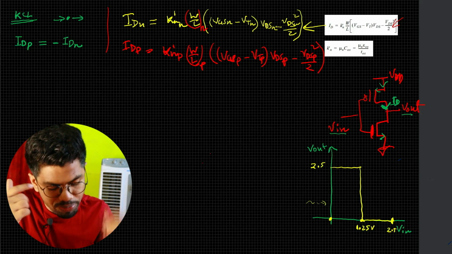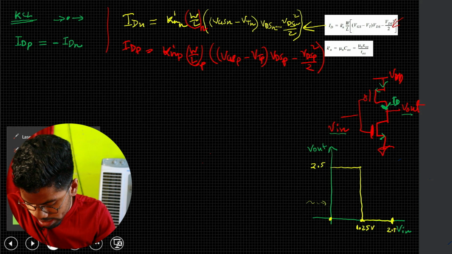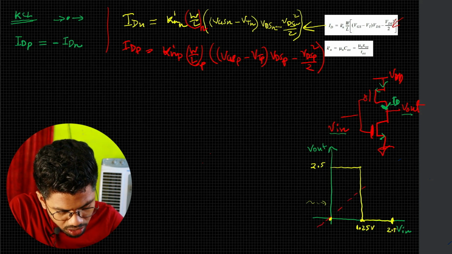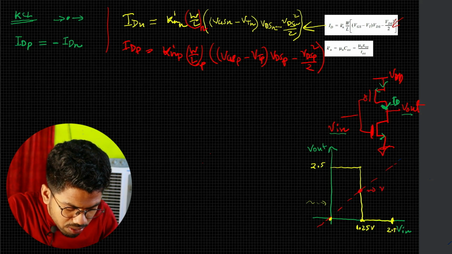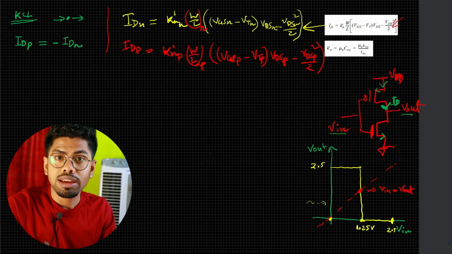But you can see when it is moving from this part to this part, there is a time when your V in and V out are the same. At this point your V in is equal to V out, right?